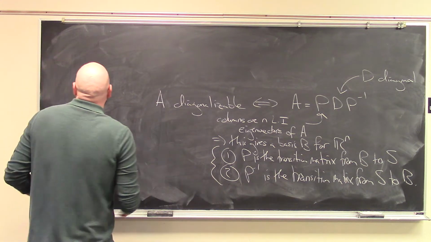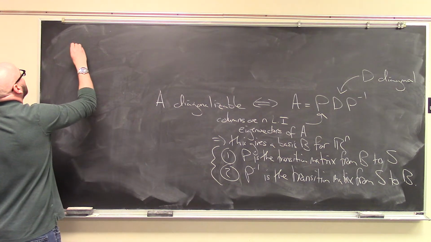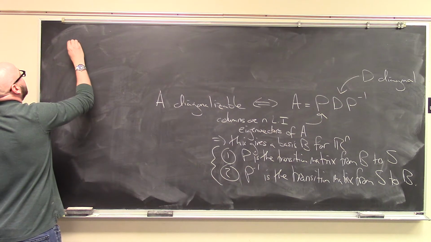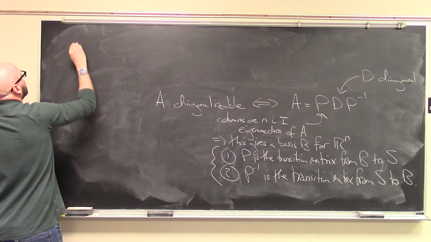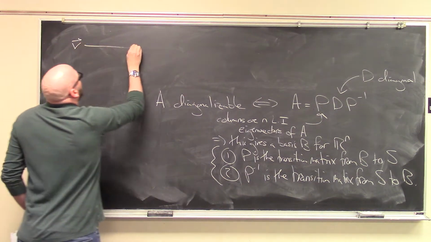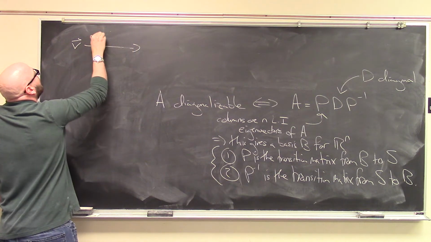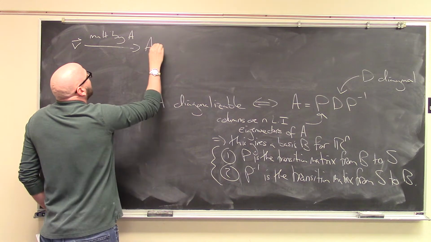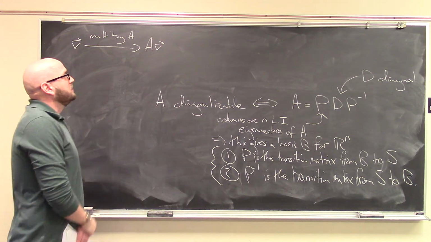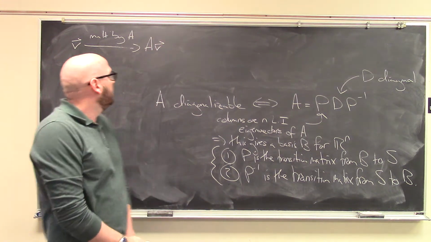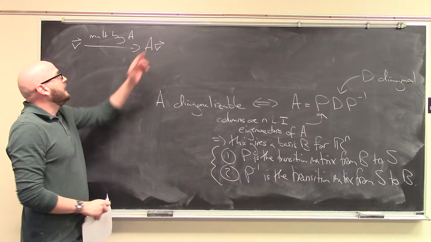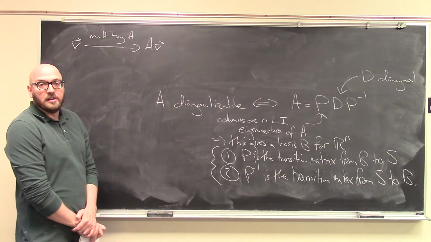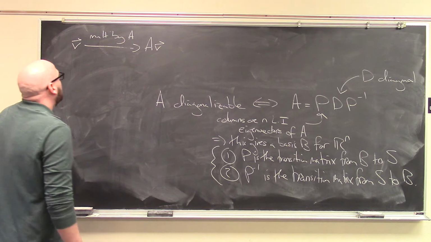So what does that mean? Well, I'm just going to draw a diagram now. We've got a vector V living in standard coordinates, and one thing I can do is multiply by A. That gives me the vector A times V, which will always be a vector still in R^n. But what else can I do?